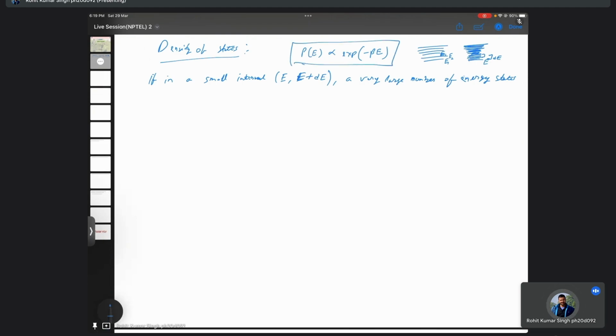Then we cannot write this because we don't know the individual discrete energy levels. So in this case we have to consider a probability density.